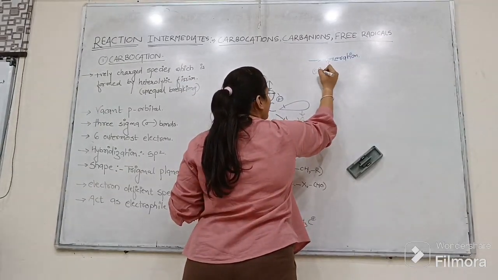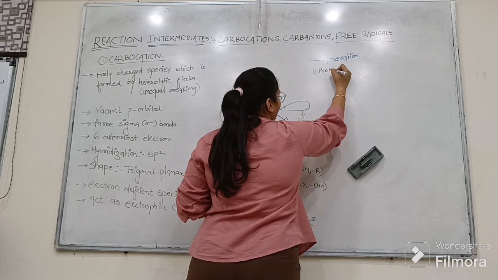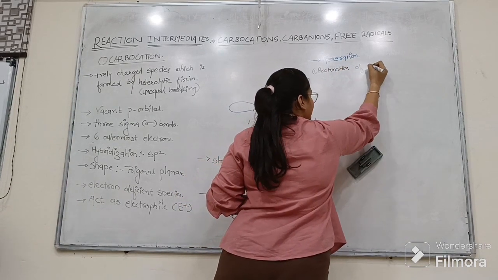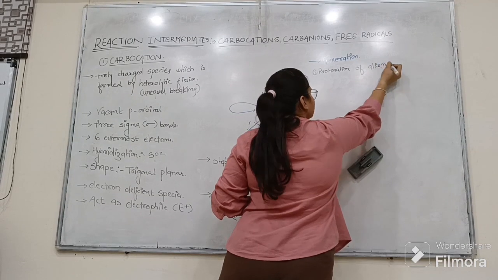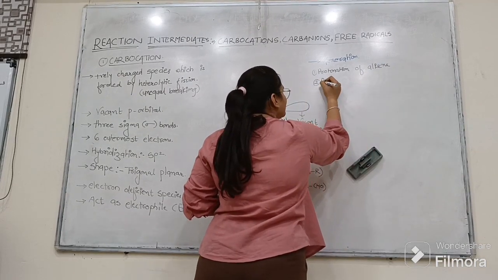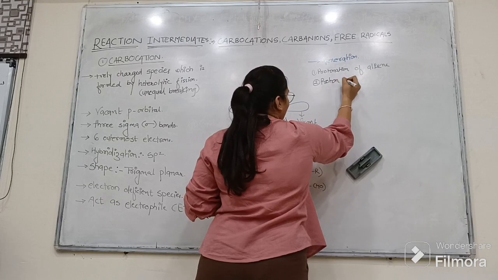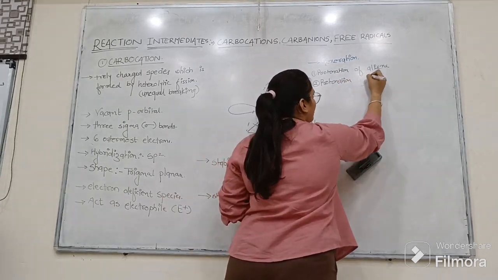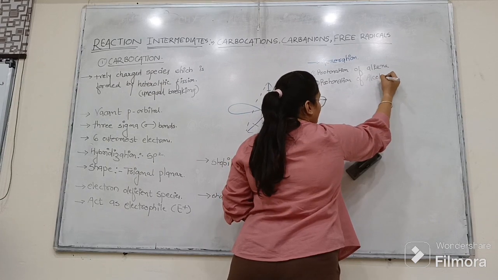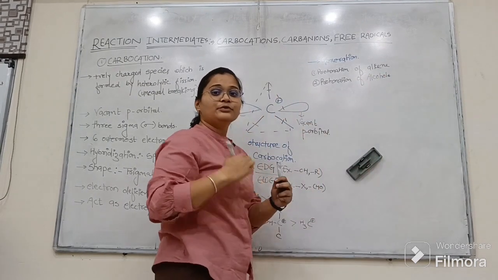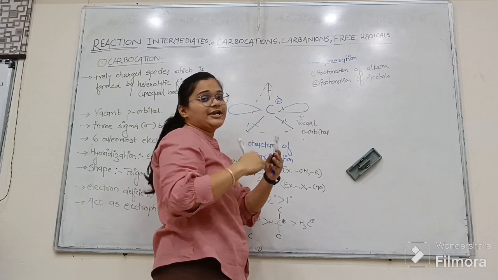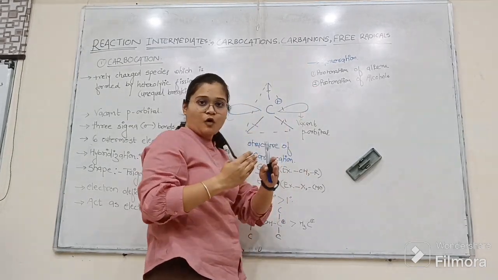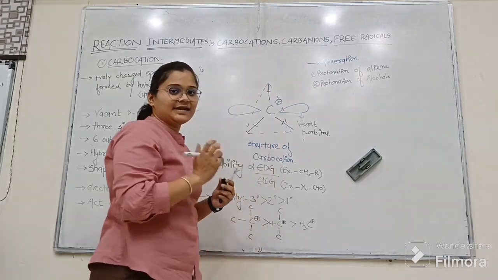The first one is protonation of alkene, and the second one can be protonation of alcohols. Now here, what do we mean by the term protonation? Protonation means addition of hydrogen. When hydrogen is added to the alkene or alcohols, we get carbocation as an intermediate.